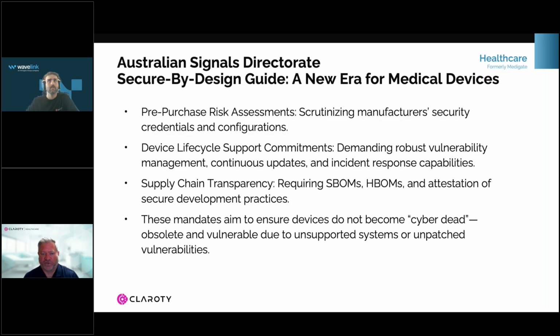Supply chain transparency is really important, and not just from an SBOM and HBOM perspective, so software bill of materials and hardware bill of materials, but also can they prove to you that they're following secure development practices? OWASP, for example, do they follow a certain process for software development?